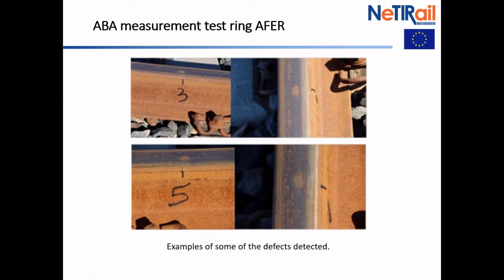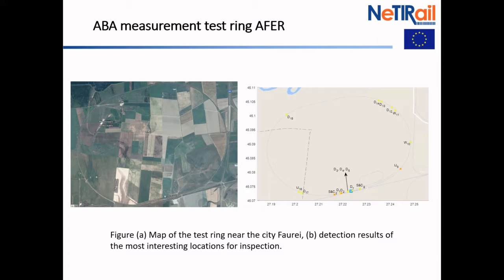So now I'm going to show you some examples. I forgot to mention that the system was installed in a train, and we tested different speeds. We went from 20 kilometers per hour, so it was 20, 40, 60, then we reached 120 kilometers per hour.